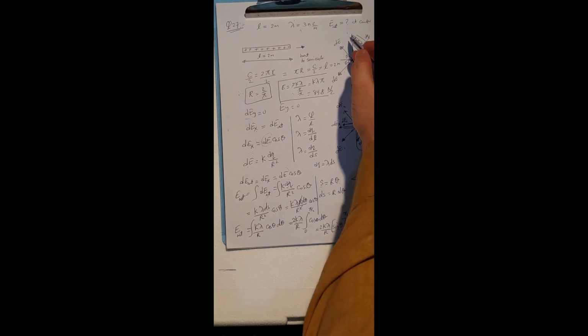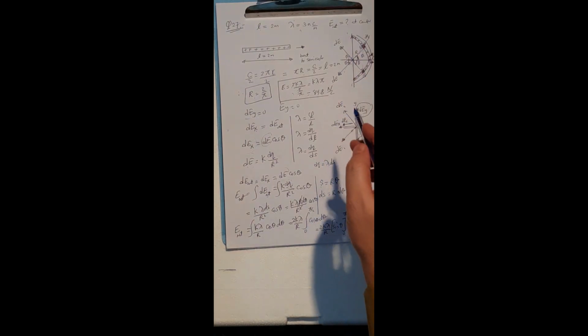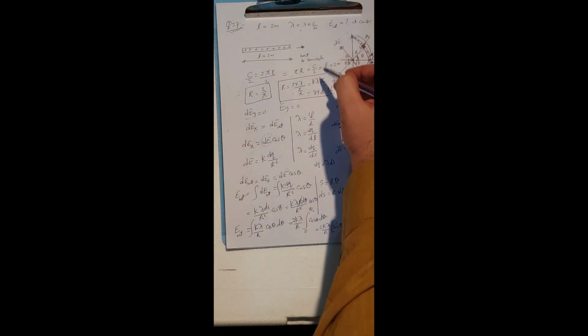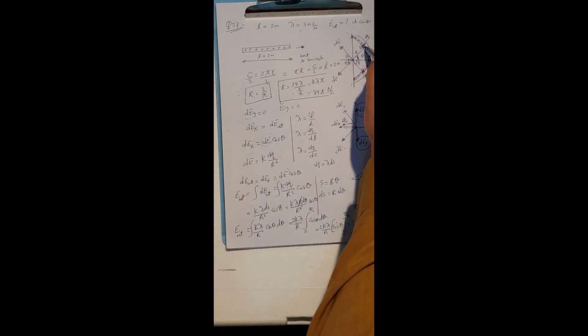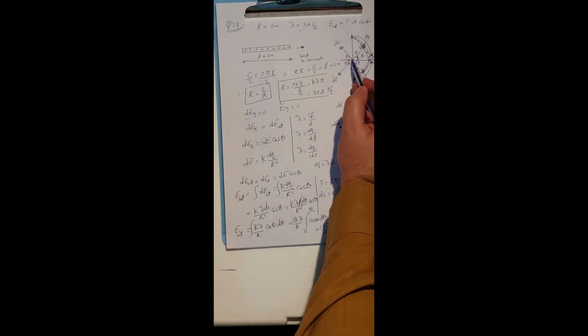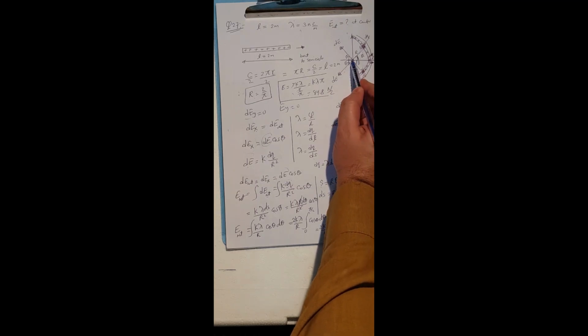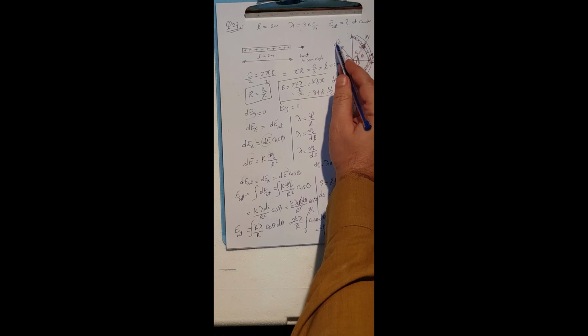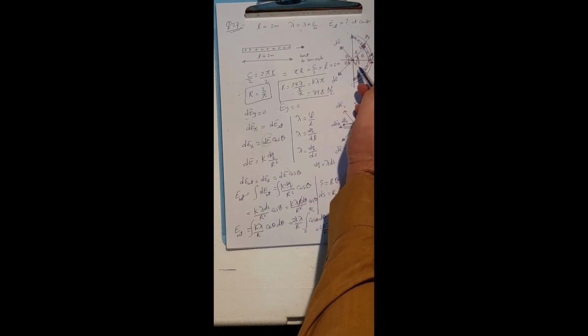Okay, so a couple of things here regarding these questions. When you have an arc, first look for symmetry. If it's a semicircle, of course you have symmetry. If it's a complete circle, of course you have symmetry in all directions. So you'll find that E here is 0, if it's a complete distribution on a circle.